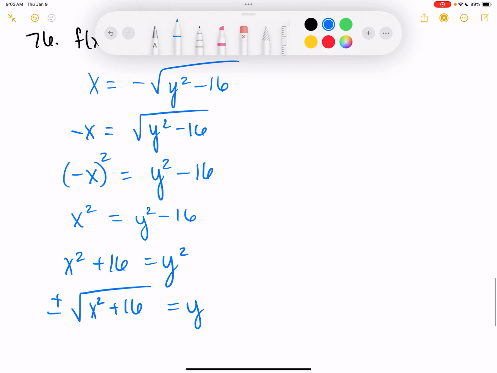Now, just for a domain review, are there any values that will cause a problem in here? Yes. What would they be? Any negatives. But a negative squared is what?